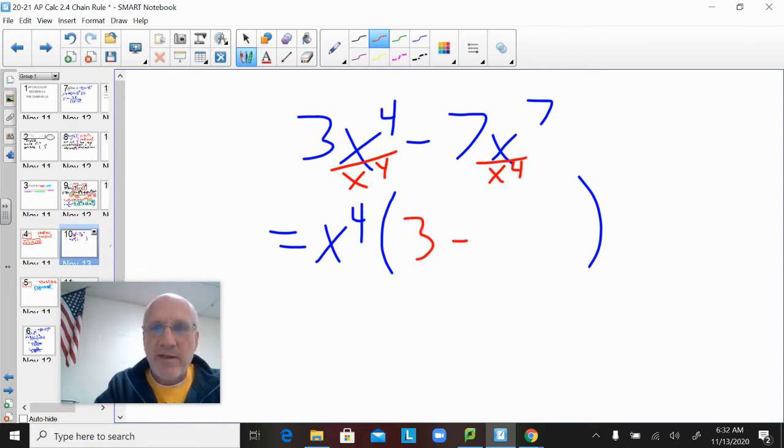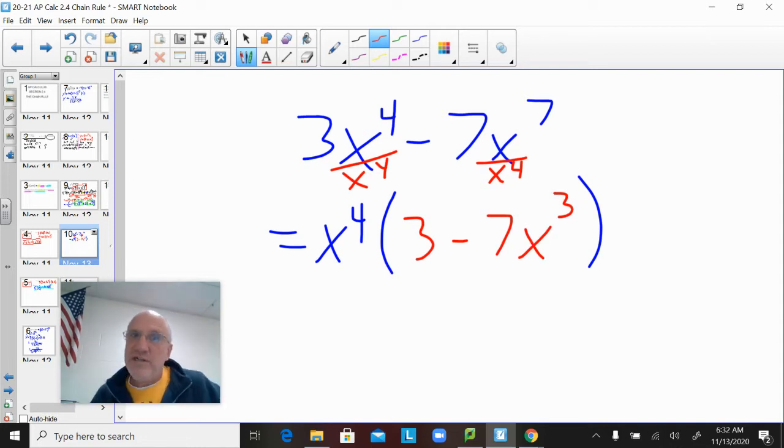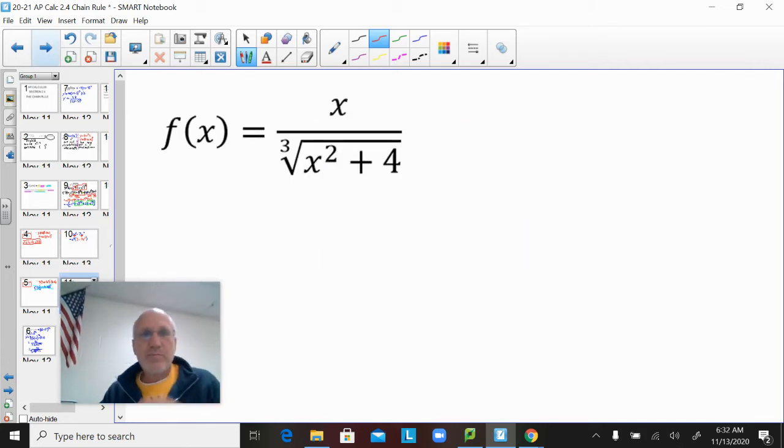That would be 3 minus 7x to the 3rd. That's some straightforward GCFing. The GCF is the lowest exponent, and to figure out what's left, you subtract exponents, what was there minus the factor that you GCF'd out. So keep that in mind. That's the GCF that we like.